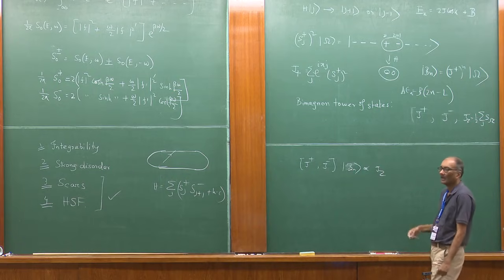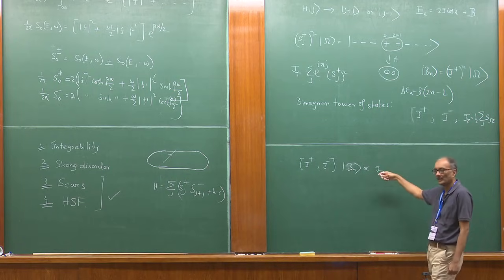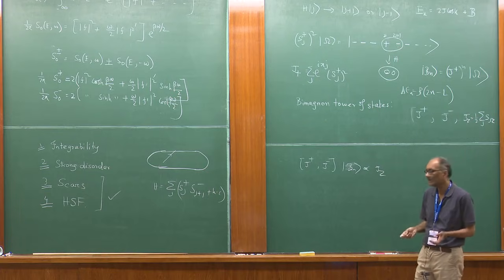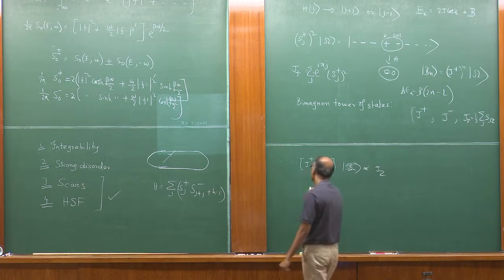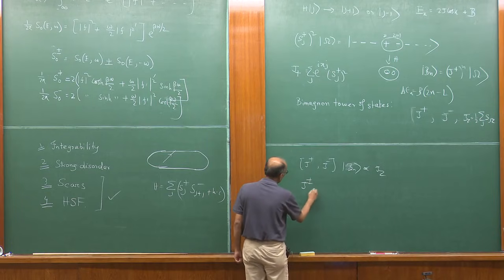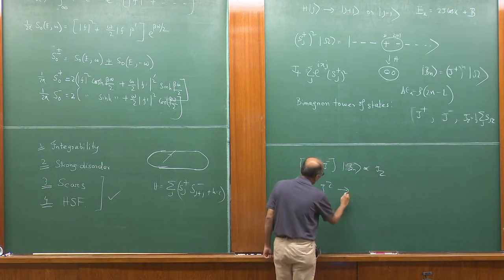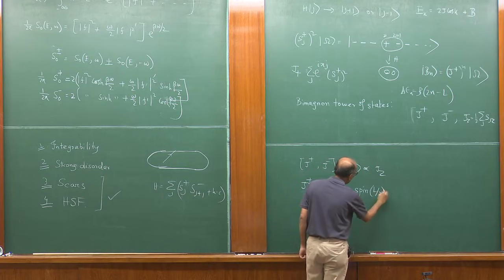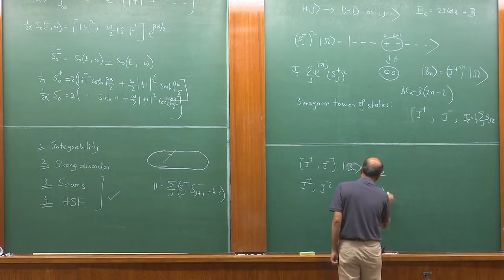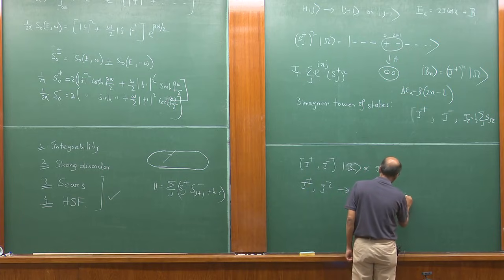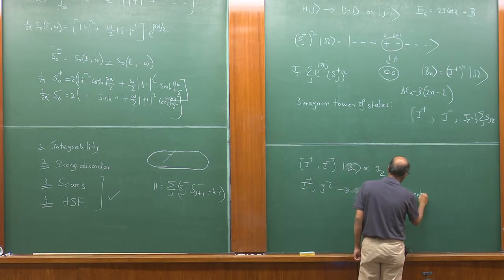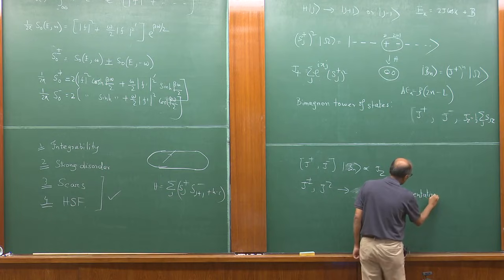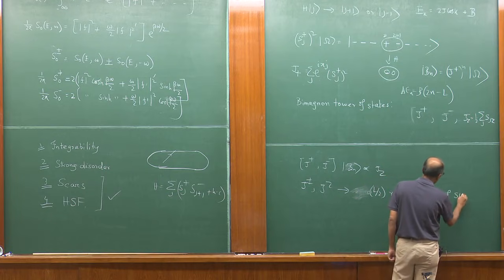You can do this much more carefully. Just do the algebra, and it turns out that this J plus minus and Jz forms a spin L by 2 representation of SU2.